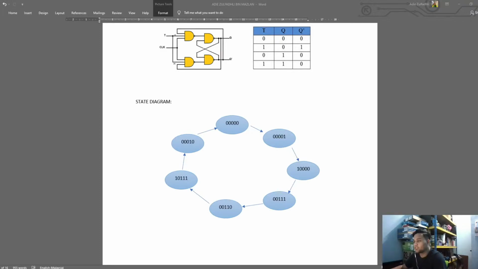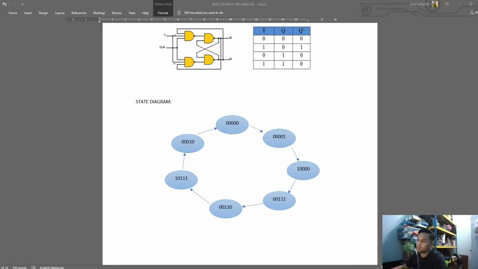So here I make a state diagram for my project. Here is 0107672. You can see the repetition is for 7, which is this and this. So I use 5 bits to make sure there is a difference between the two numbers, I mean 7 and 7.